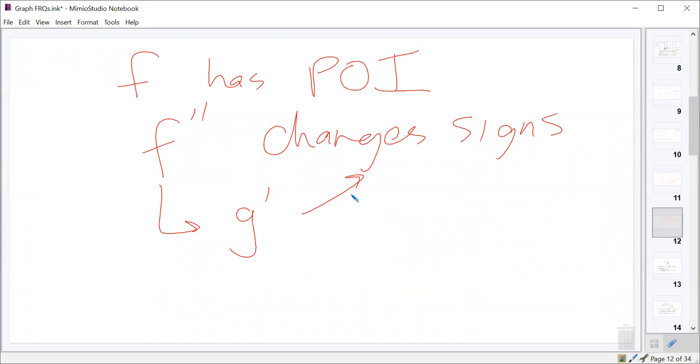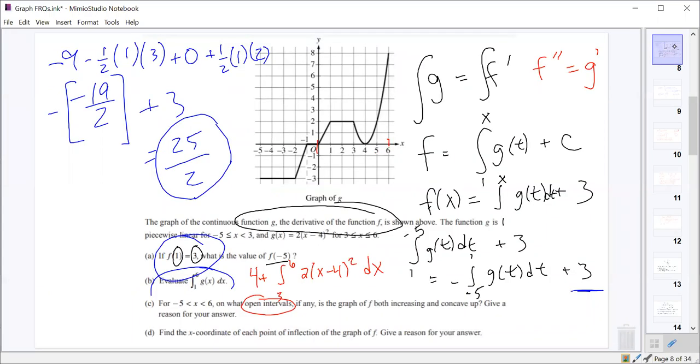Good? We look back at the graph. The slope of g here is 0. Then it goes to positive slope. Is that a change from positive to negative or negative to positive? Nope, because it's 0. 0 to positive is not a change in concavity. Positive to 0, is that a change in concavity? No. 0 to positive?